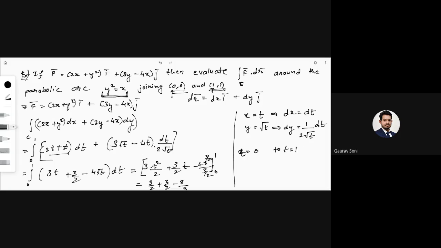Again, this will become 3 by 2 plus 3 by 2 minus 4 by 3. So this is 5 by 3.